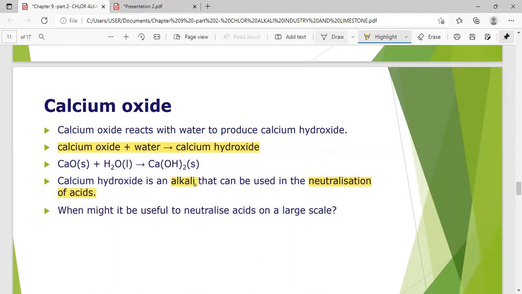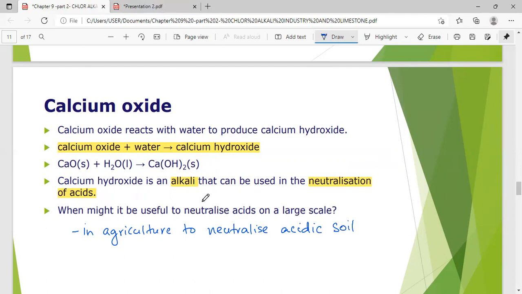Good. It's used in agriculture, as we saw just now, to neutralize acidic soil. This is done on a very large scale. So this is one example that you can see.